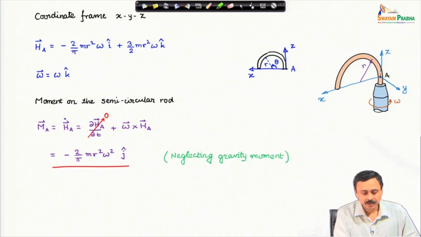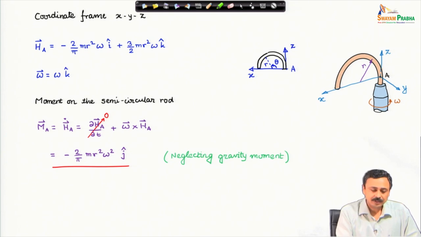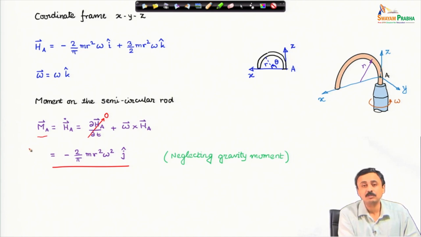If you had included gravity, then on the left hand side you should also add the moment because of gravity, because the net moment about A should be calculated, and one is the unknown moment which is because of the rotation, and to this you should add the moment because of the weight.